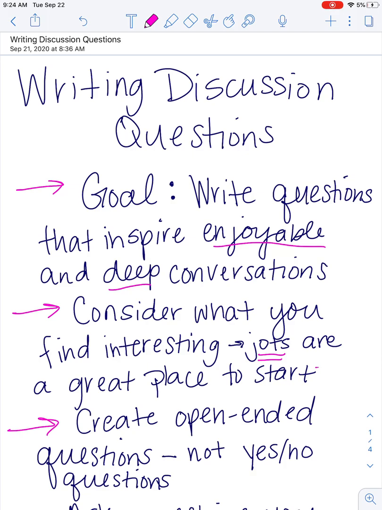It's not very interesting. You don't get a lot out of it. We don't want our book club discussions to be like that. We want them to be conversations where we leave them and we feel like we have gained understanding and we have had a good time. So we need to think about some things when writing questions if we're going to succeed in that.